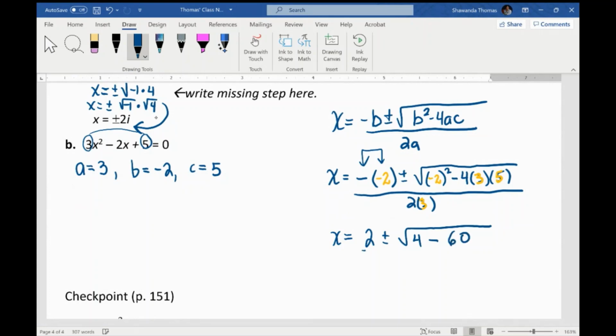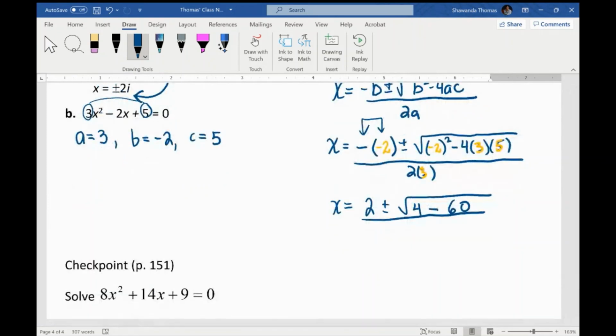Very nice. All over what number? 6. So x equals 2 plus or minus the square root of 4 minus 60, which is negative 56, all over 6. Are we done?